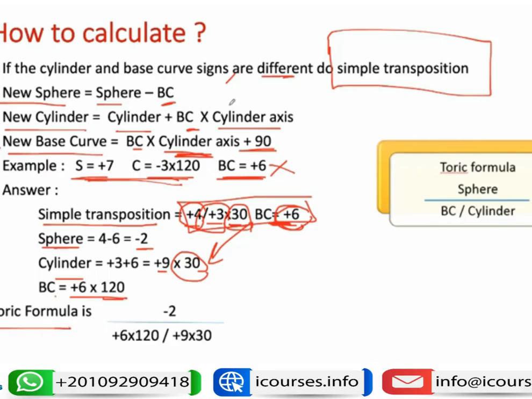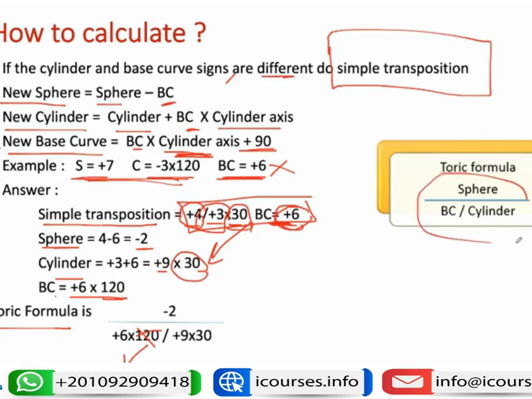So the toric formula is, if we started with plus 4 sphere, plus 3 axis 30, base curve plus 6, then the toric formula will be minus 2, which is the new sphere, divided by the base curve plus 6 at 120, over plus 9 at axis 30, which is the new cylinder.